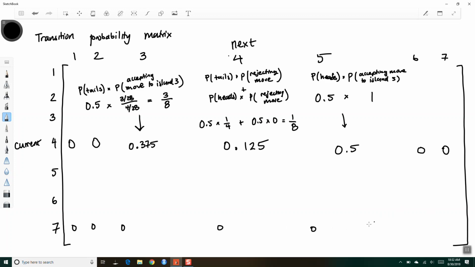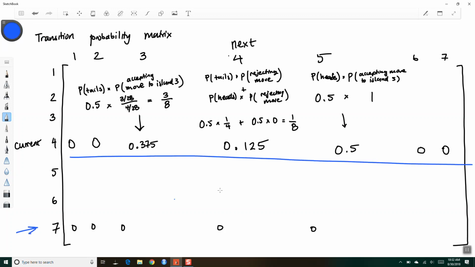And then right here I'm going to put in the probability of going from 7 to 6, and here we have the probability of going from 7 to 7.